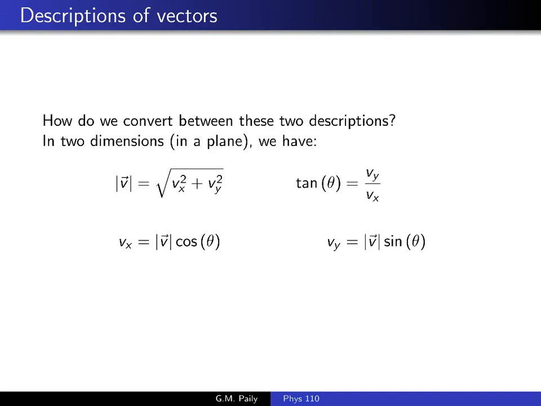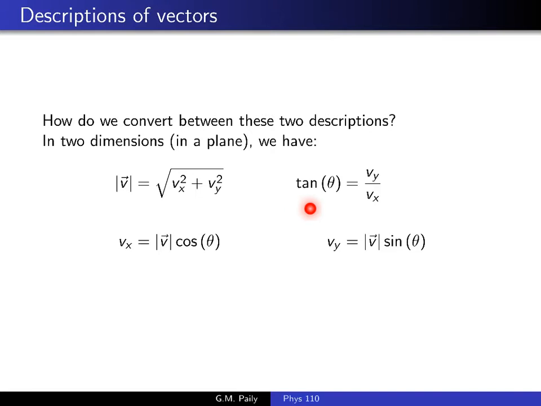If your vector lies in a plane in 2 dimensions with only x and y components, we can use the following relations. The magnitude of v is given by the Pythagorean theorem. You take the x component, square it, the y component, square it, and then square root the whole thing, and that gives you the magnitude.